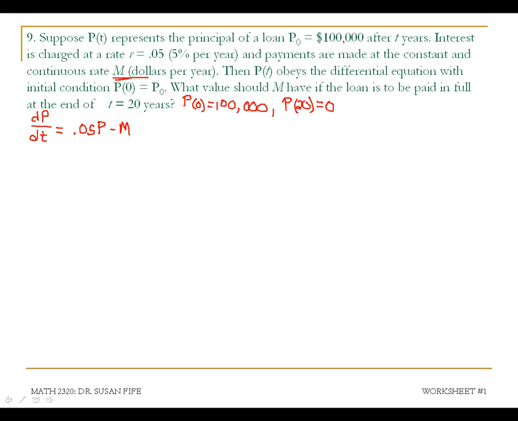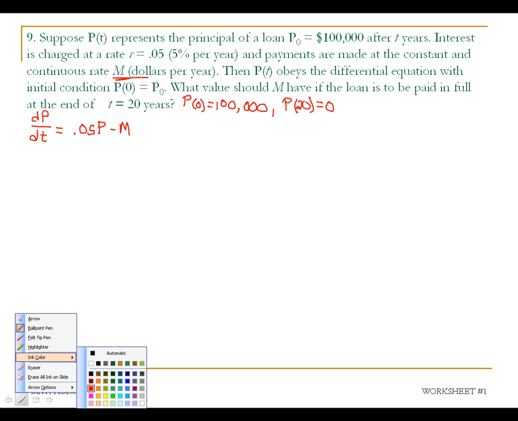Integrating both sides won't work, but this equation is separable, which means we can write the equation so that all terms of one variable are on one side and all terms of another variable are on the other side. Here our variables are P and t.